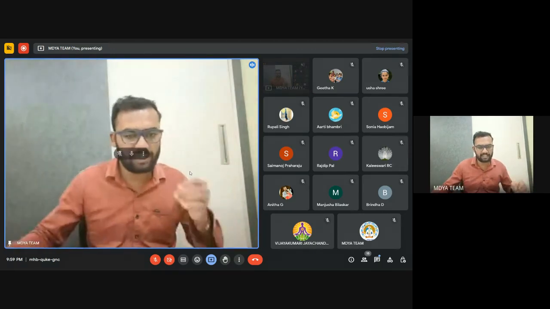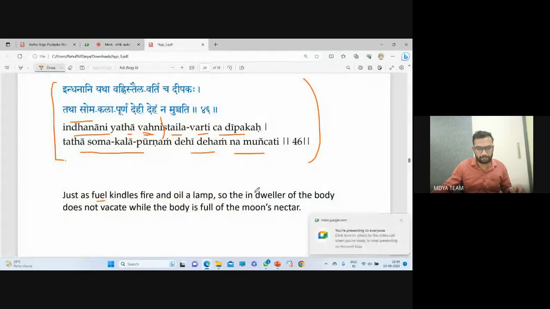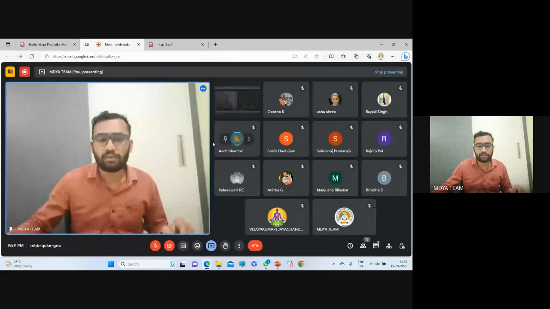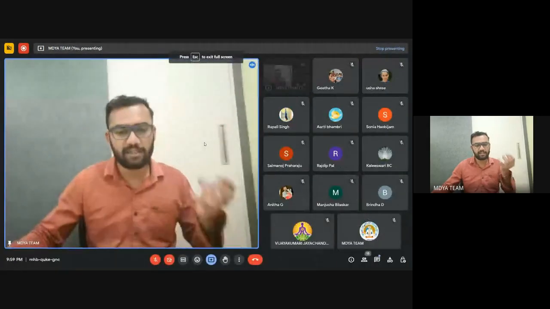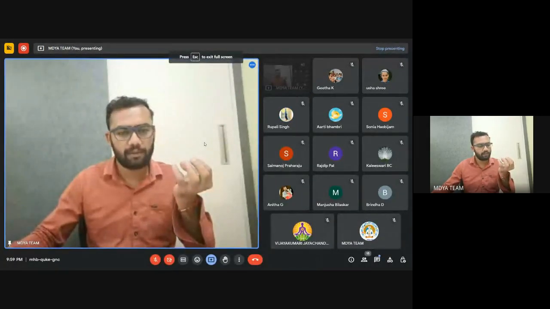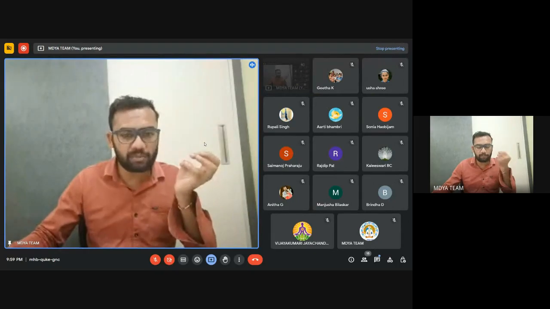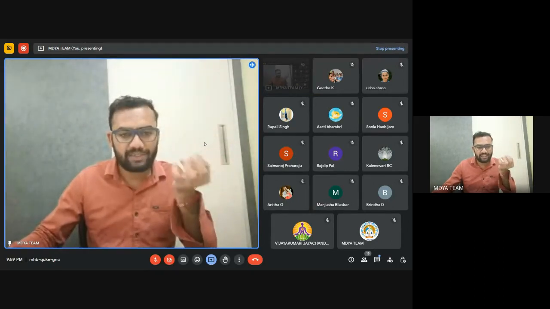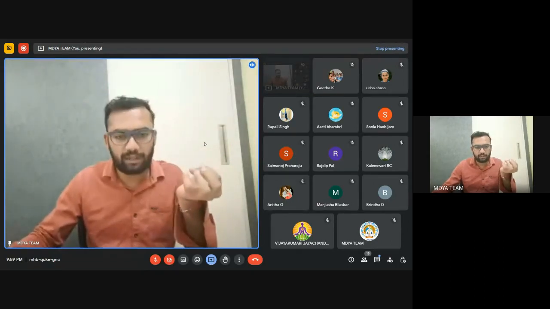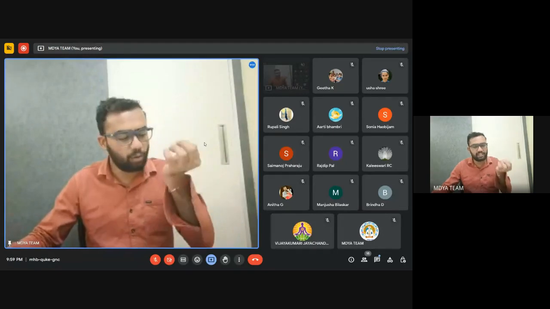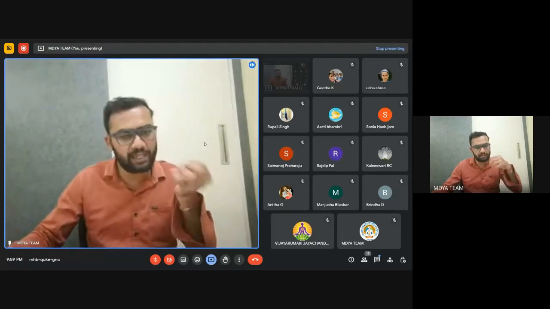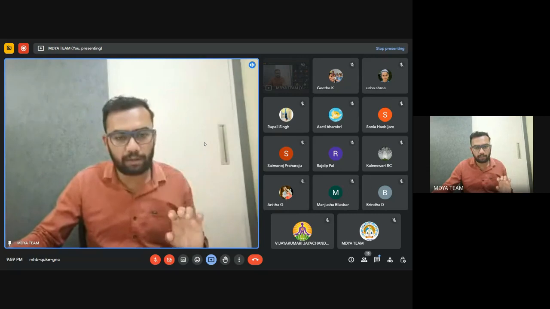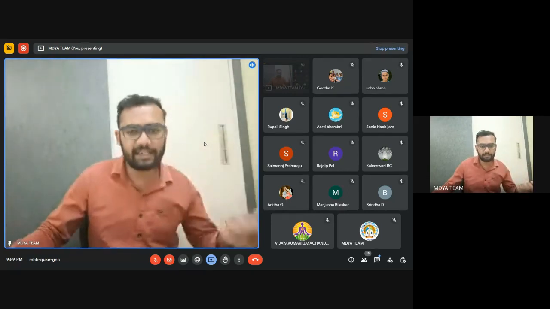And the next example is of the lamp. Next is Tel varti cha deepakah. It means that the oil is responsible for the lamp burning. If the lamp is full of oil, it will continue to burn the same.